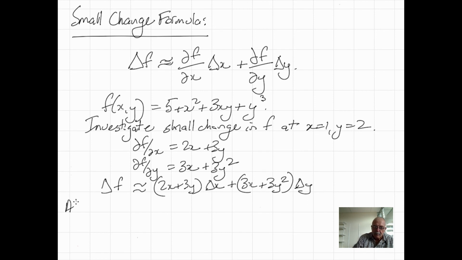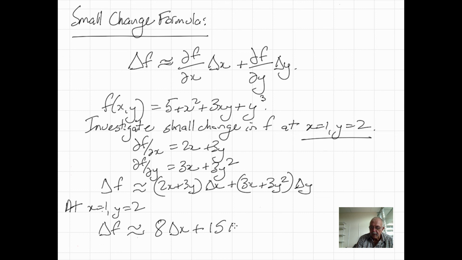Now, we're told that x is equal to 1, y equals 2. So the small change will be equal to, if you put x equals 1, y equals 2, you get 2 plus 6. 2 plus 6 will be 8 delta x, plus, x equals 1, so that'll be 3 plus 12, which will be equal to 15, times the small change in y.